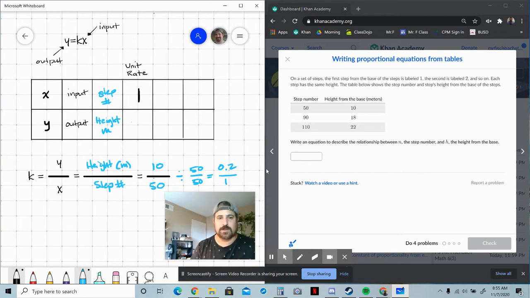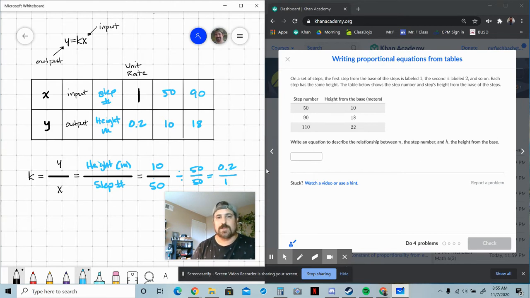The unit rate is 0.2 meters for every step. And we can just fill out the table a little bit if we want to. At step number 50, that would be 10, which is 50 times 0.2. And then 90 would be 18. 90 times 0.2 is 18, and so on and so forth.